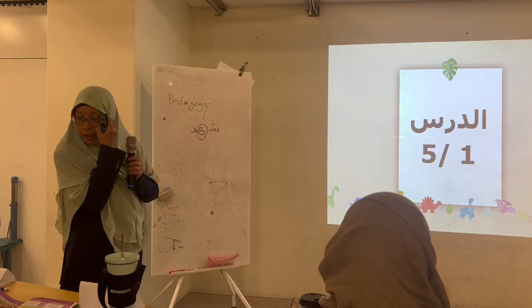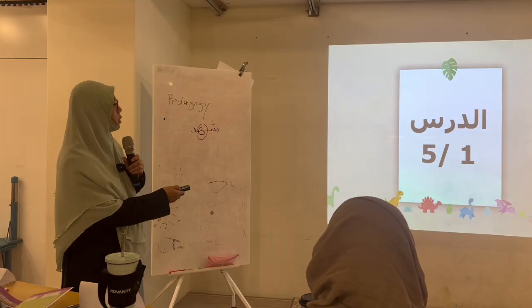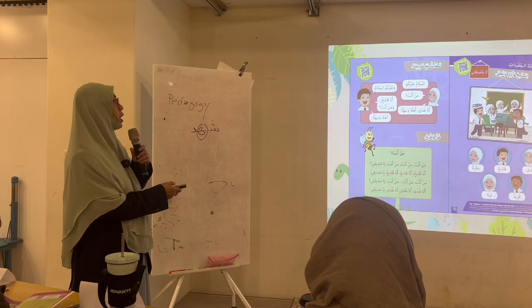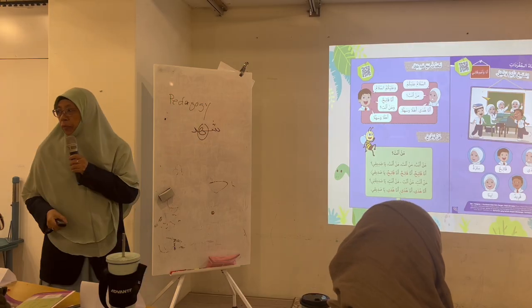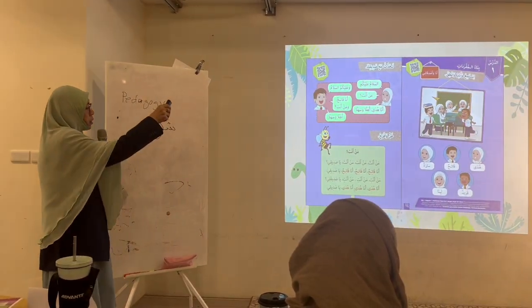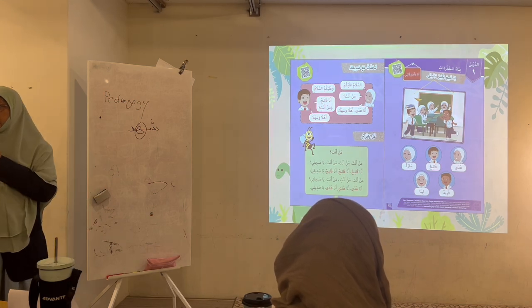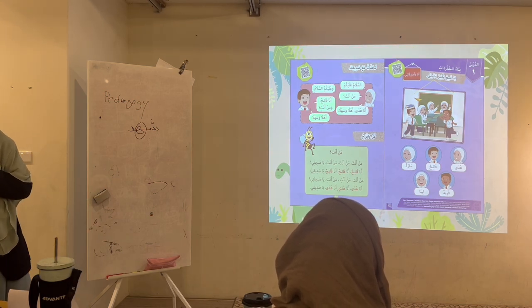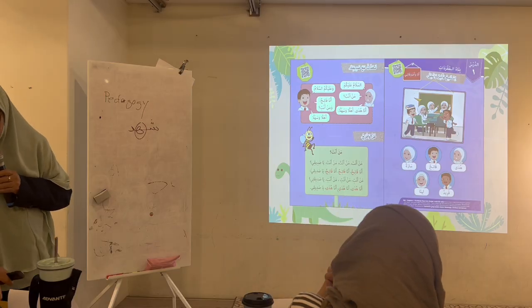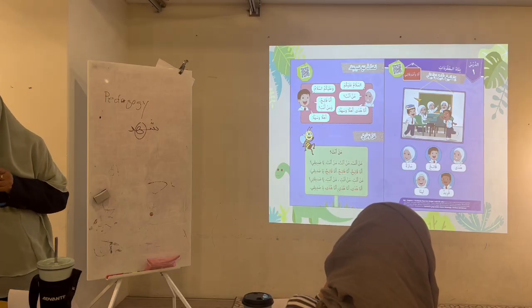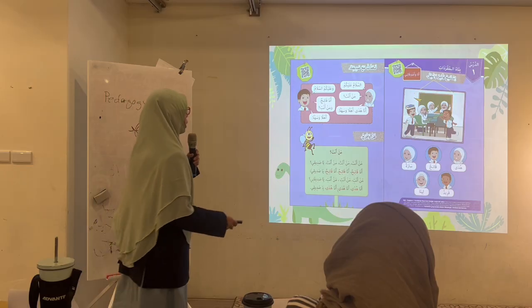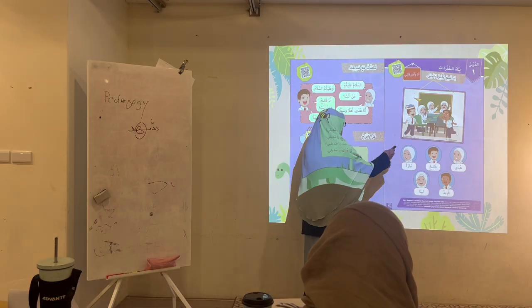So you go to the first lesson. Okay, the first lesson is like this. It has 2 pages. Okay, one part is there's a main picture, and then there are words under it. Okay? Each word has a picture and the words.